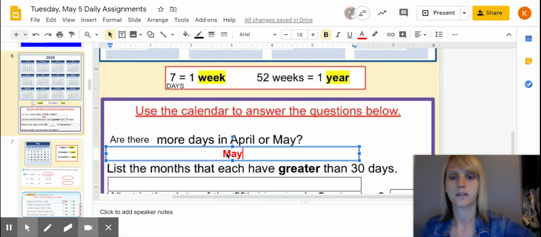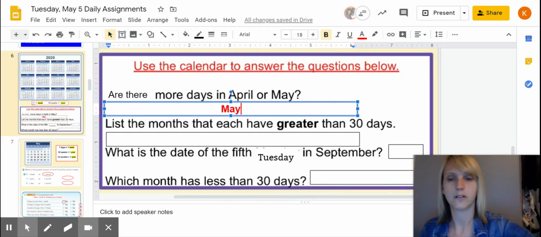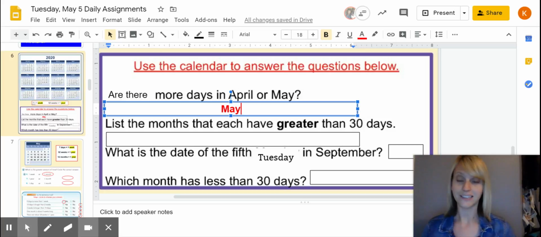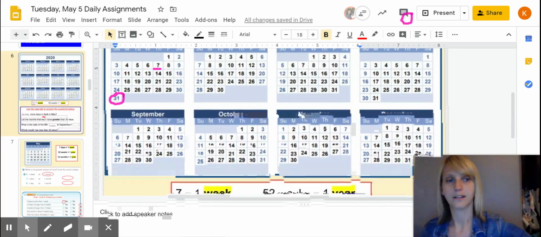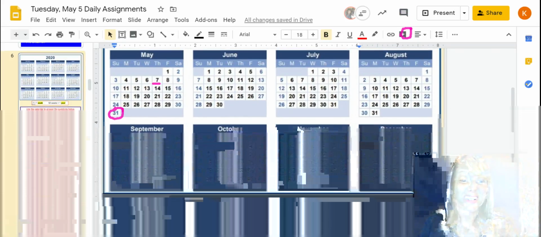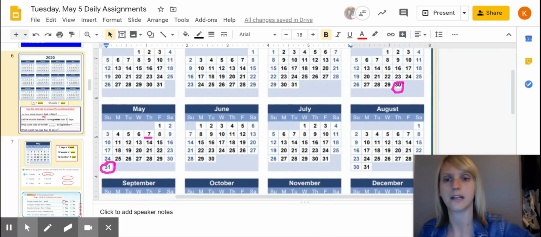All right, here we go. It says list the months that each have greater than 30 days. Okay, so let's refer back to our calendar up here real quick because, guys, there's actually a lot that have more than 30 days. Let's start at the beginning in January.